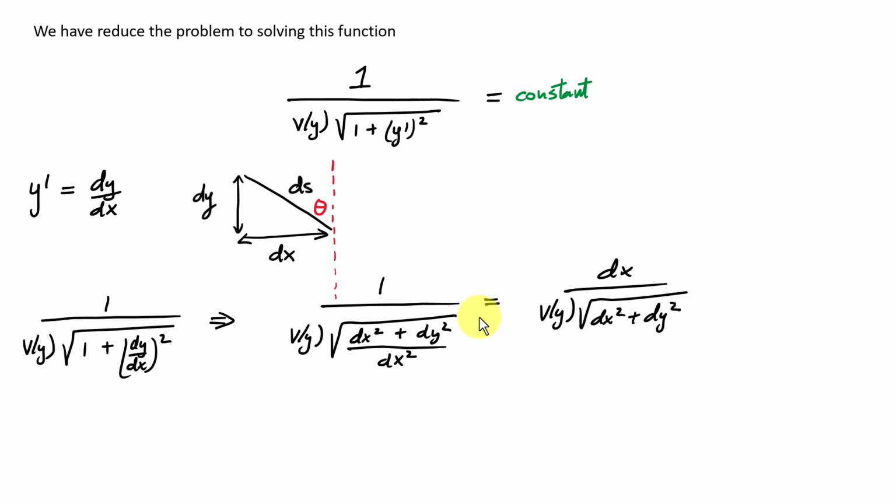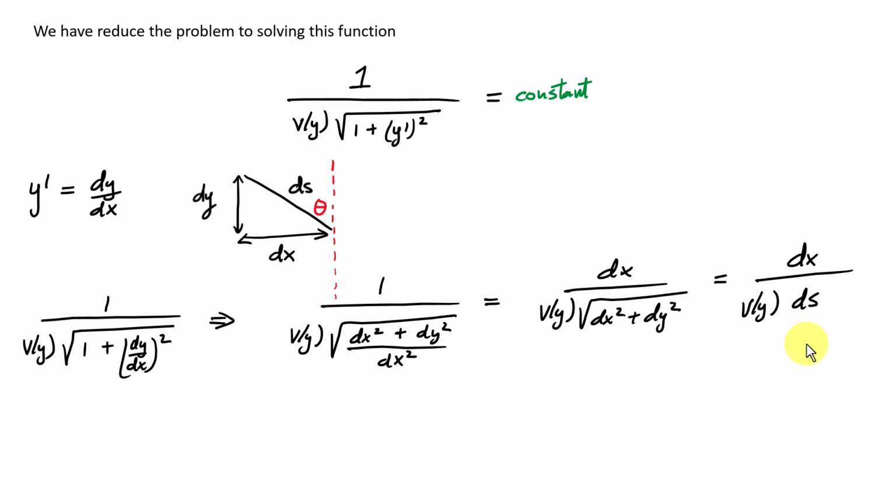And then we can use the fact that we had a definition earlier for this square root of dx squared plus dy squared. That is exactly how we had defined the length element ds. Okay, so our very complicated expression here reduces to something that's pretty straightforward.